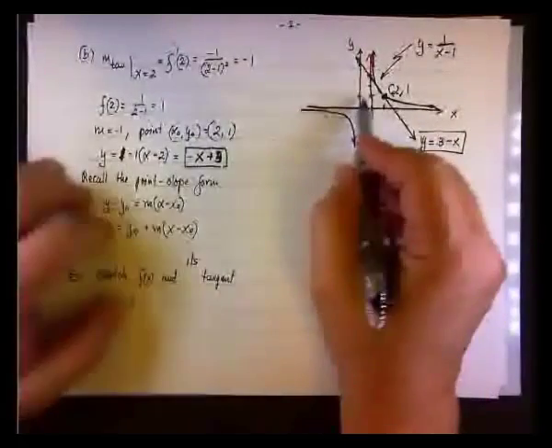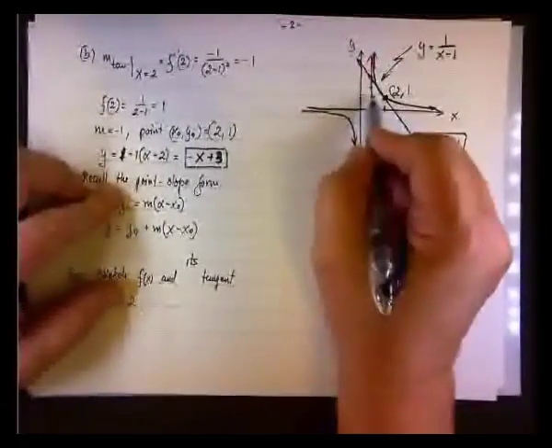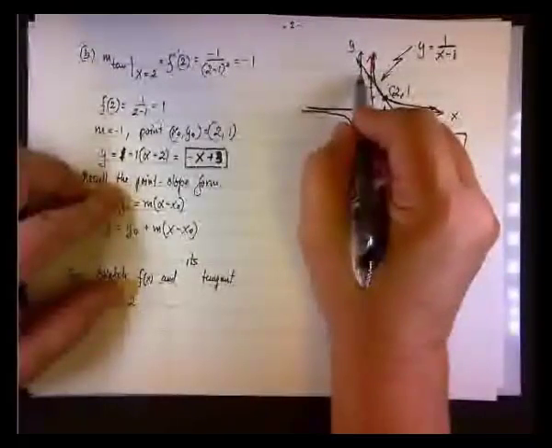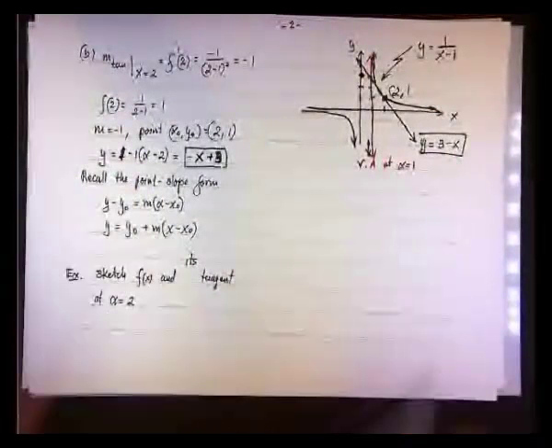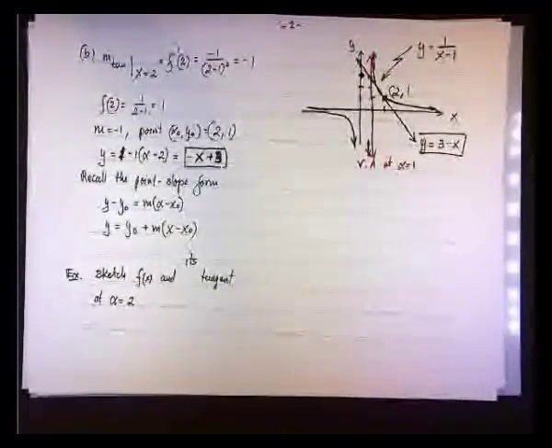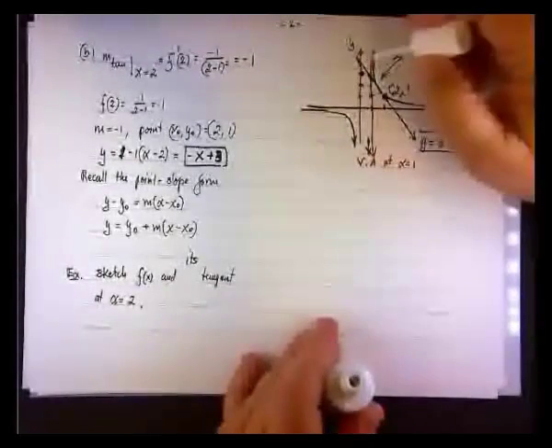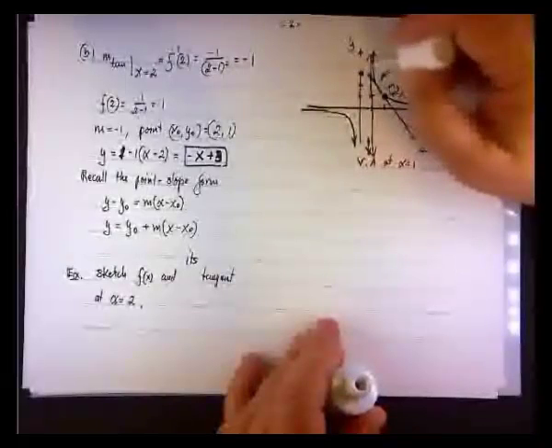And I made a mistake in the graph. I'm sorry, I need to redraw it. I treated the asymptote as the vertical axis, the y-axis, but this is the y-intercept right here. So really, the slope is too severe. So that's the second error this class.